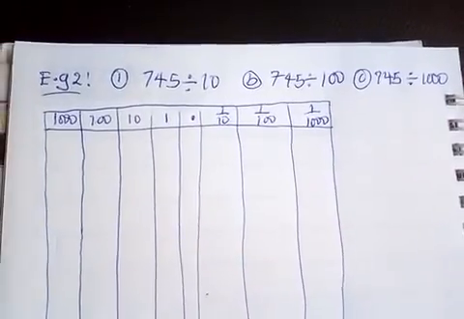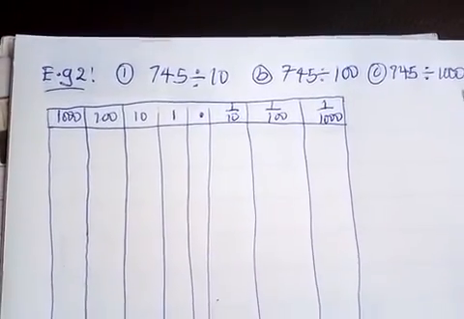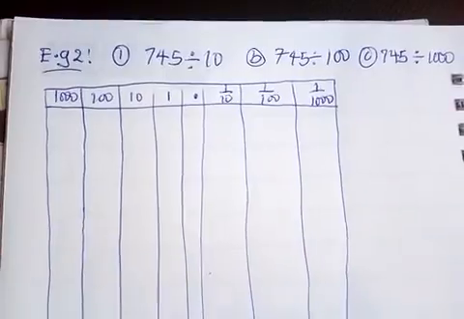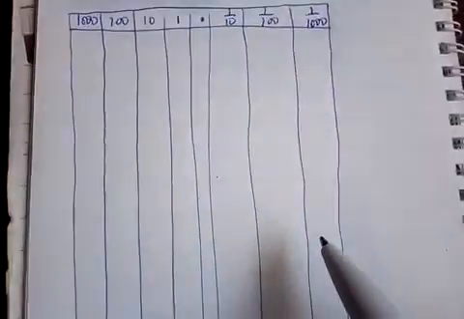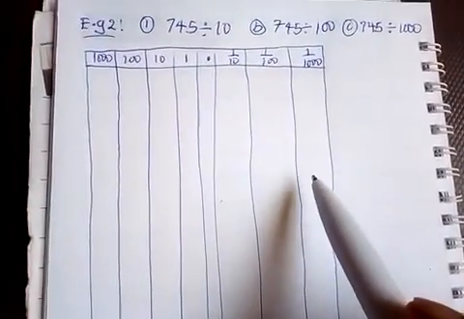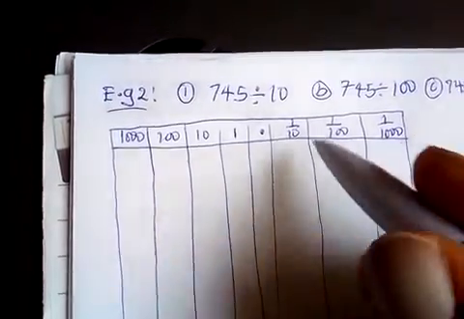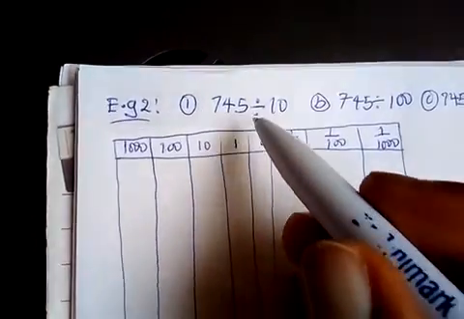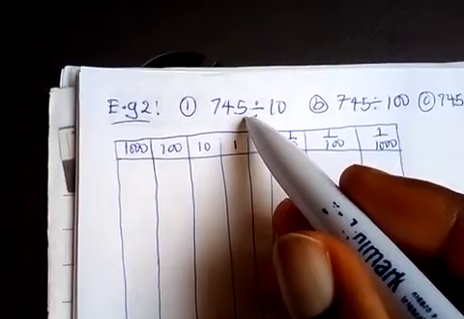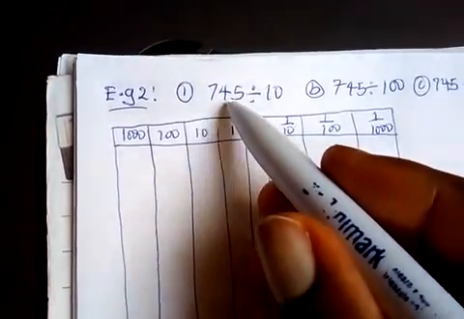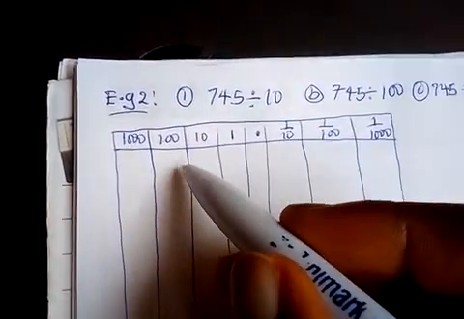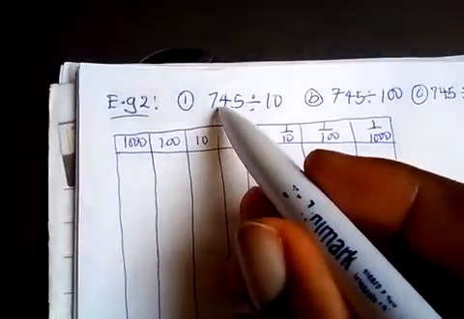Okay, quickly let's look at the division aspect of this lecture. Now it's the same process, so I will prefill my place value chart. I've drawn my place value chart. Let's take question 1, 745. You see, this is in the 100 position, starting from here.